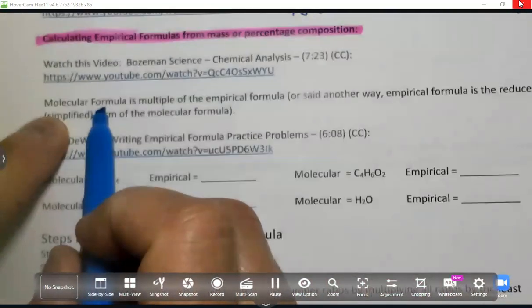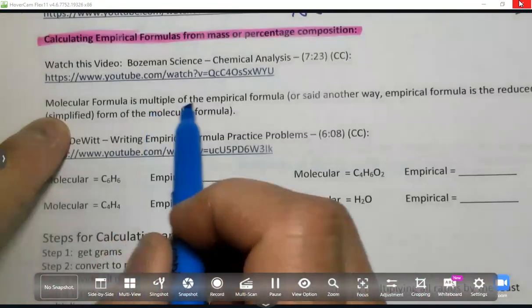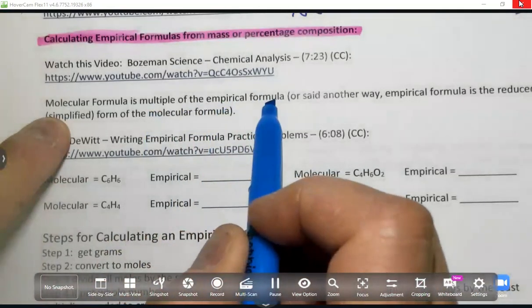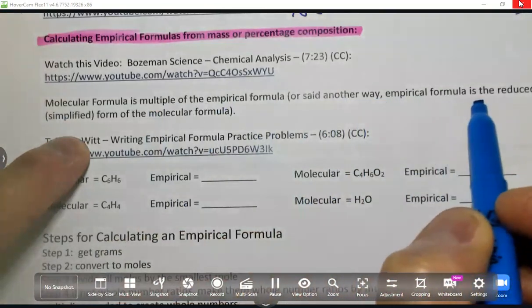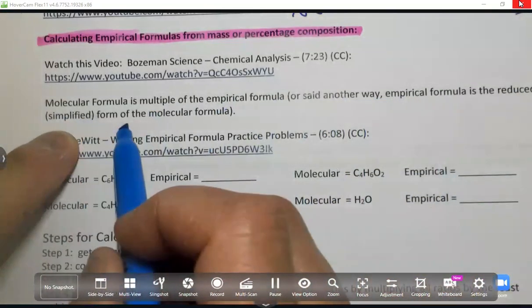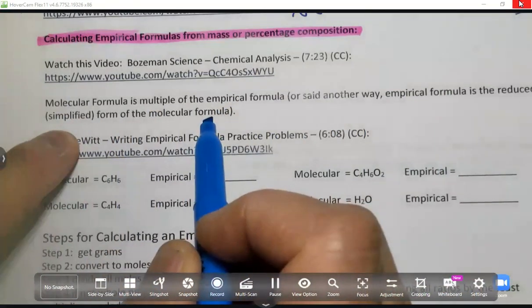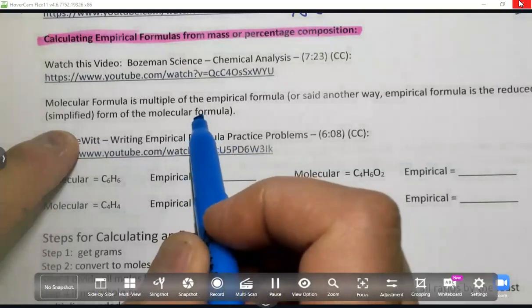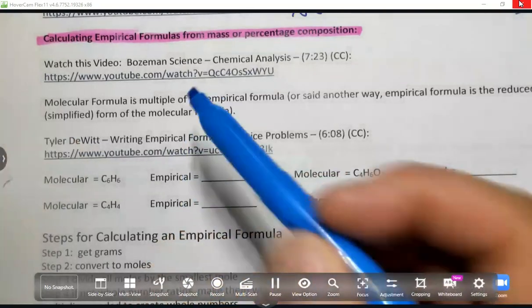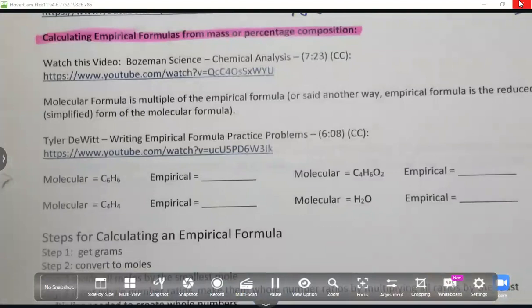So molecular formula is a multiple of empirical formula. Or said another way, empirical formula is the reduced simplified form of the molecular formula. It's no different than simplifying a fraction.